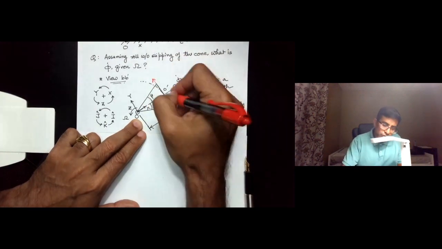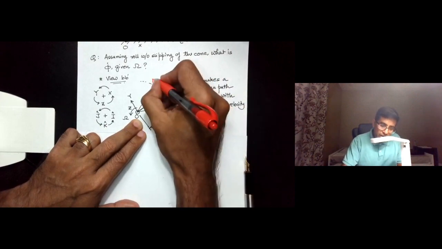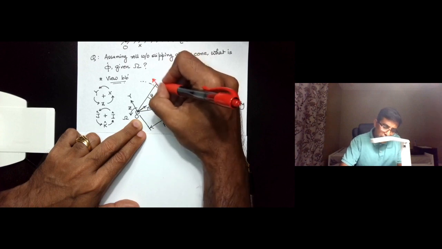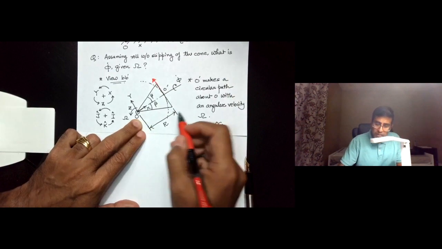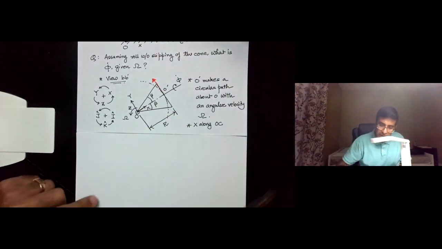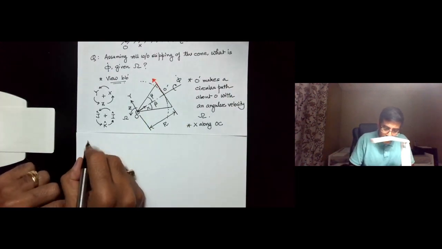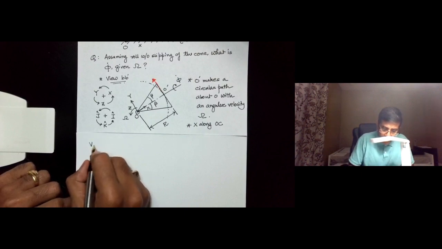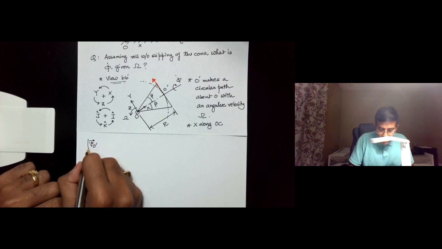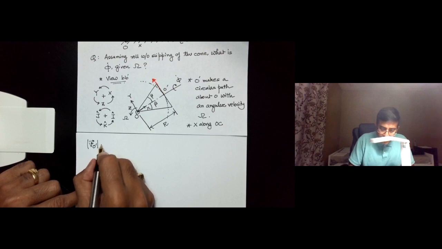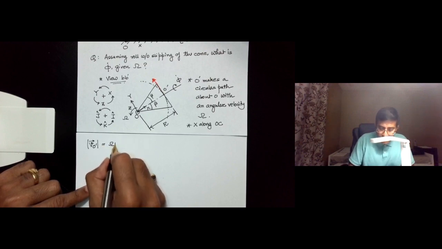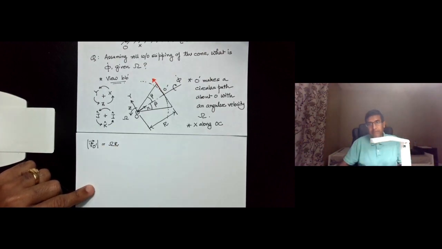It's going to form a tangent, and the velocity itself is going to be the angular velocity omega times this distance capital R. So in fact the velocity of O prime, V O prime, let's talk about the magnitude first. So the magnitude is going to be omega times capital R, right?